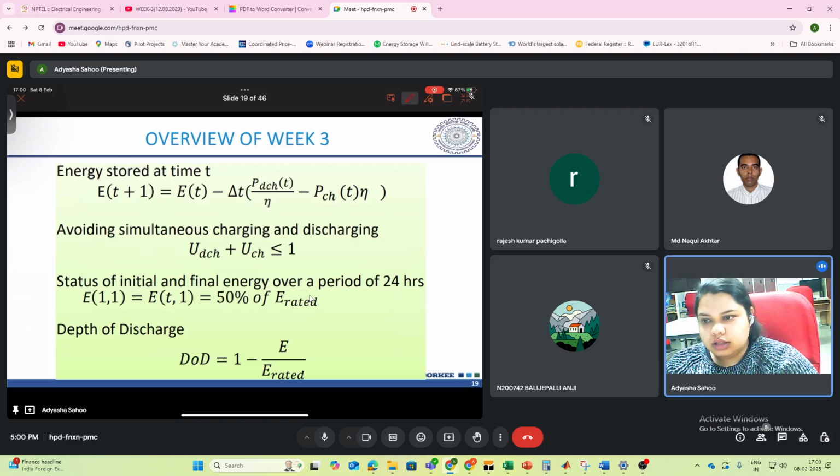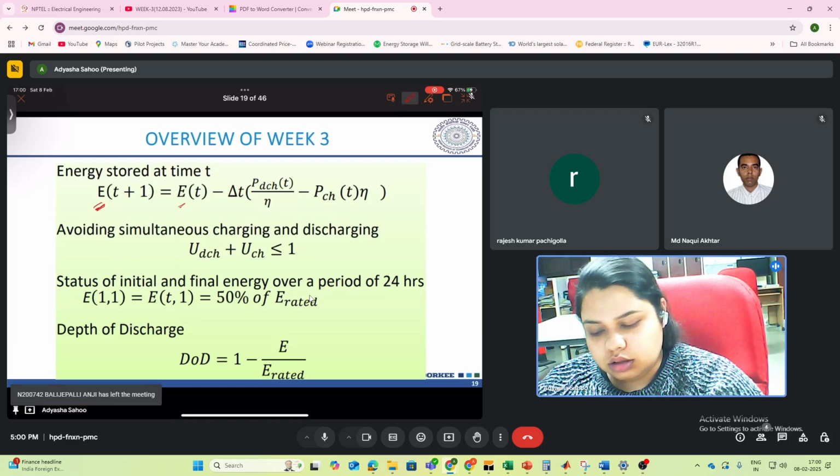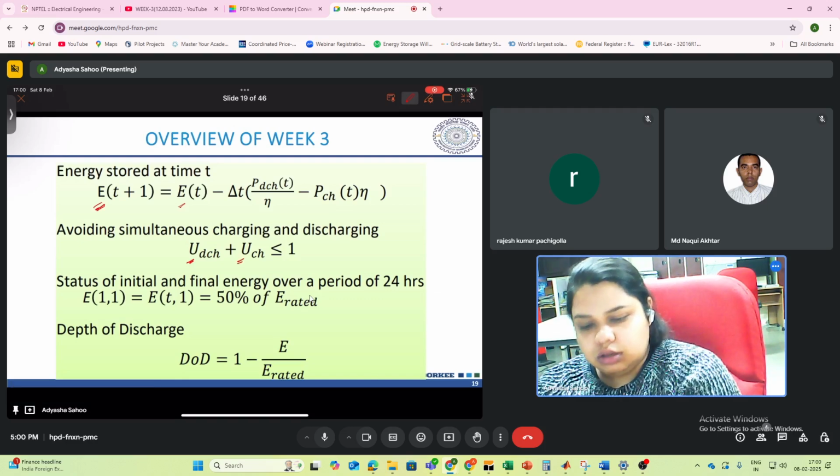So if we see the equation here, the energy stored at time t and time t plus 1 are related by this equation. Then the next equation that you see is u. So u is nothing but the binary variable. A binary variable can take only 0 or 1 values, right?